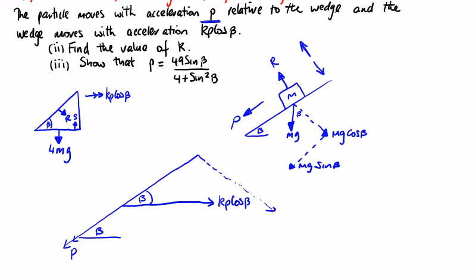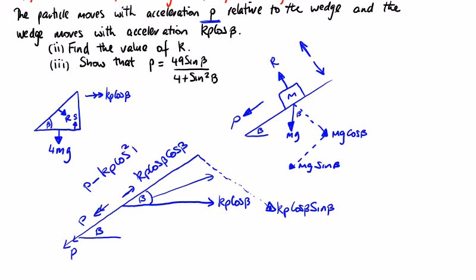That's opposite beta, so it's going to be kp cos beta sine beta. And this one along this side is adjacent to beta, so it's kp cos beta times cos beta, obviously kp cos squared beta. And because it's p moving down in this way, the overall acceleration here is going to be p minus kp cos squared beta. So just keep a note of these accelerations for when we're doing the forces equations.